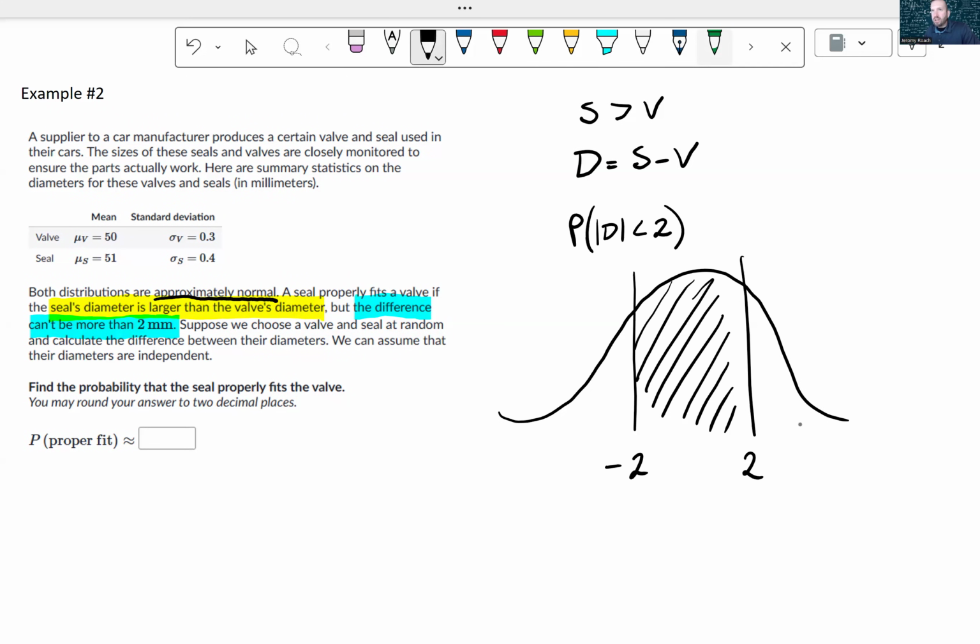We can't have a negative value. It's impossible because the seal has to be greater than the valve, and we're defining the difference as the seal minus the valve. So we can't have negative values in this problem. So this is not what we're finding for our probability in this case.